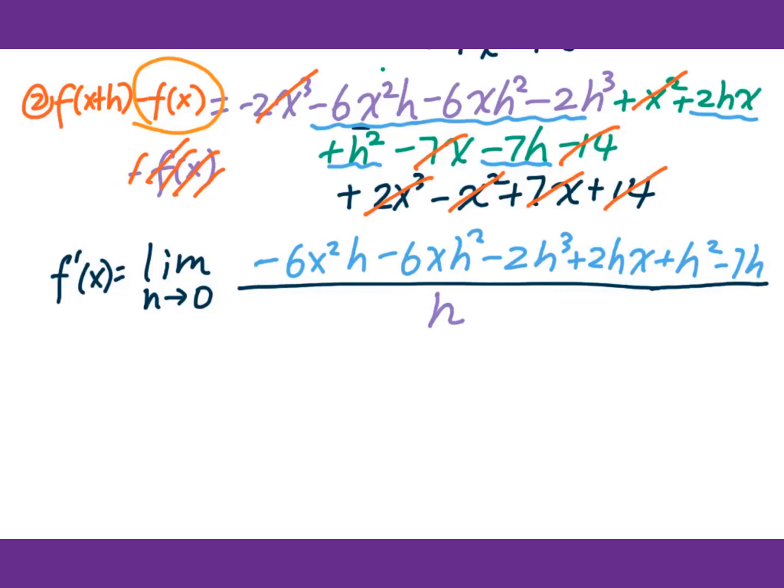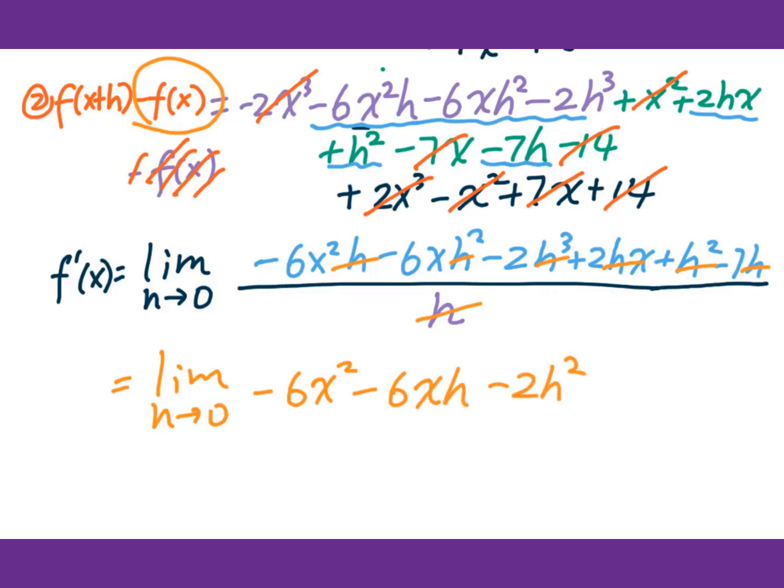Every single term we divide by h. You will get limit as h approaches 0 of negative 6x squared minus 6xh minus 2h squared plus 2x plus h minus 7.